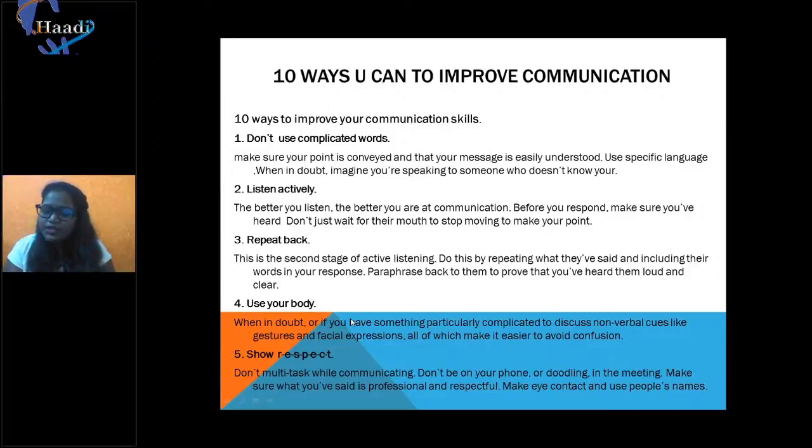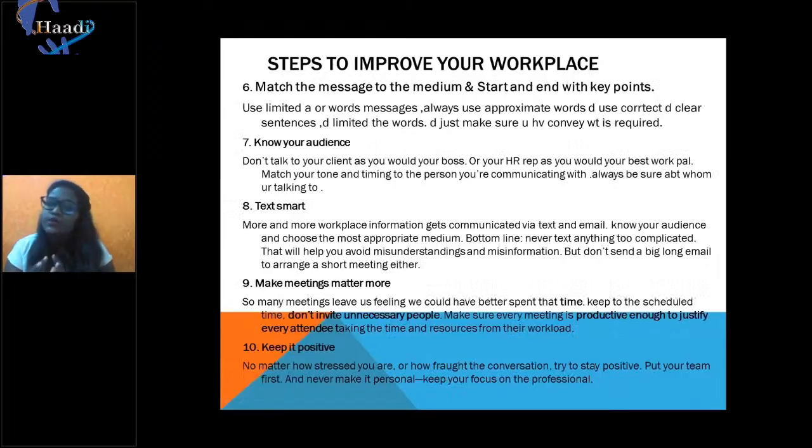The next five points are for your workplace: how to improve my communication at work. The sixth point is match the message to the medium, and start and end with key points. Use limited words, appropriate words, correct words and clear sentences, just to make sure you convey what you require.